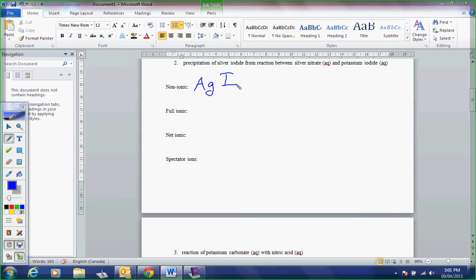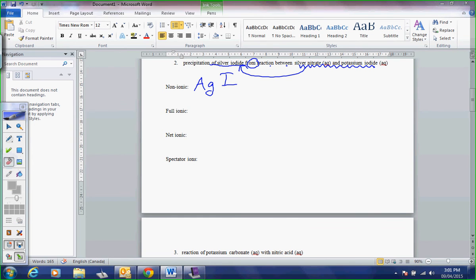Okay, hold on a minute. Precipitation from the reaction between. So what do we start with, actually? We start with silver nitrate and potassium iodide reacting together to form that silver iodide. You see that?